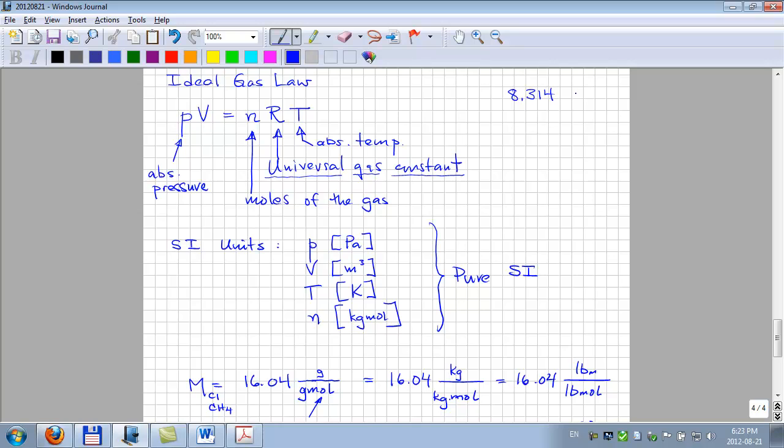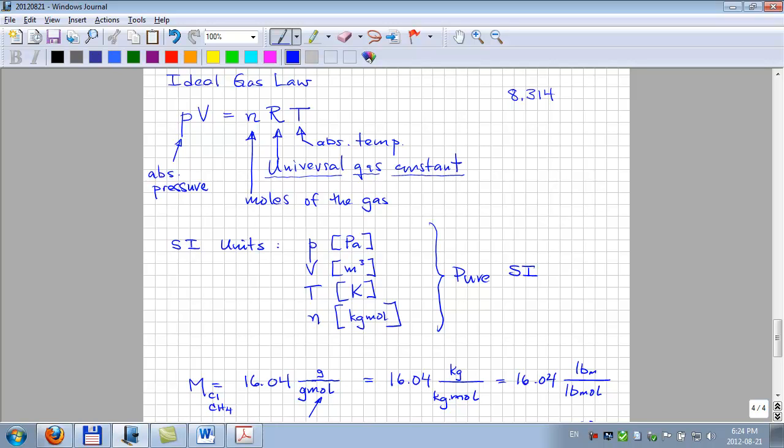8.14. Anybody disagree? No, it's not unitless. It has these units: Pascal, cubic meters, Kelvin, kilogram mole. How many want to bet me a pizza that you're wrong?